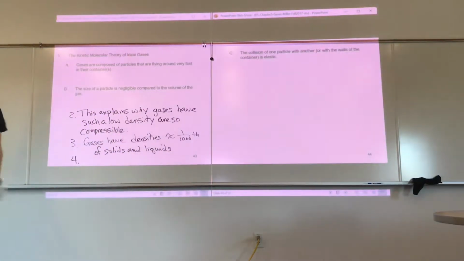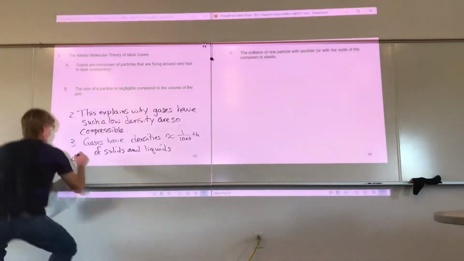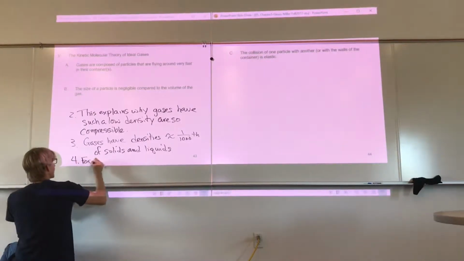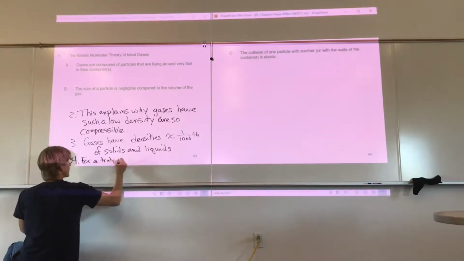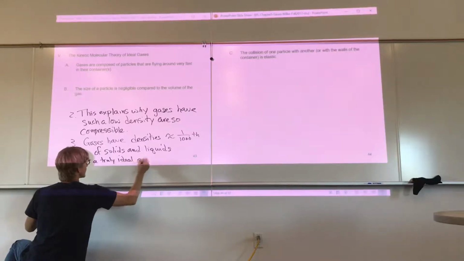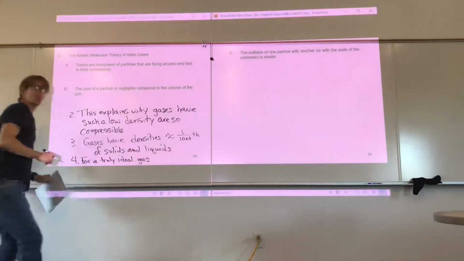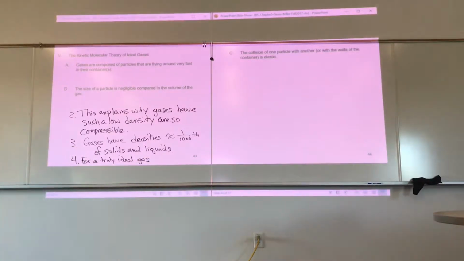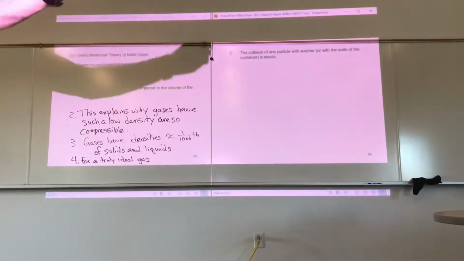We're going to sneak one more in there, that's number 4. Number 4 is going to say that for a truly ideal gas, each particle has no volume. And what we're getting at is this idea of what it means to be an ideal gas. An ideal gas is a limit.